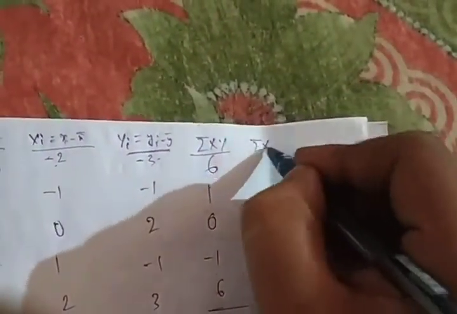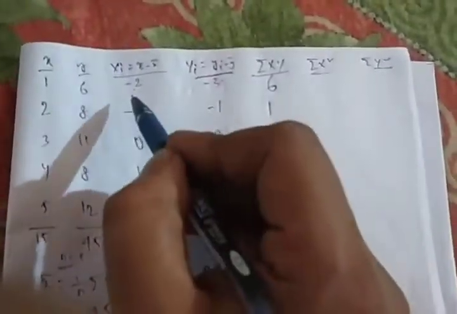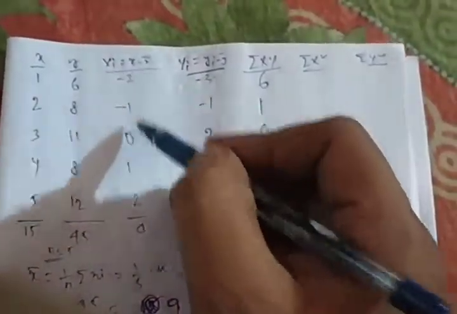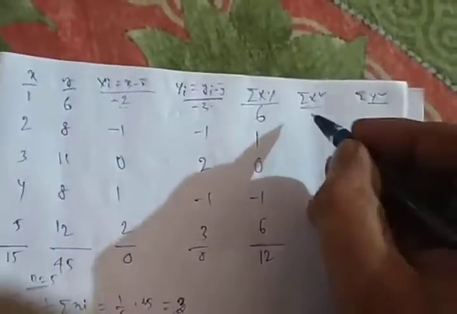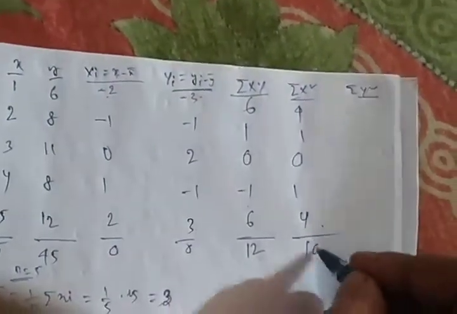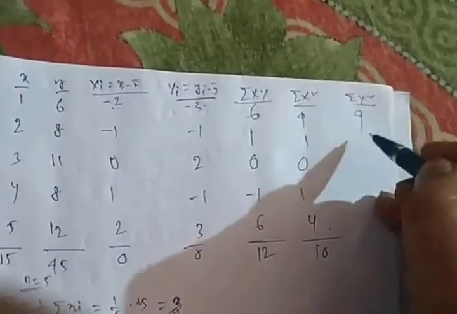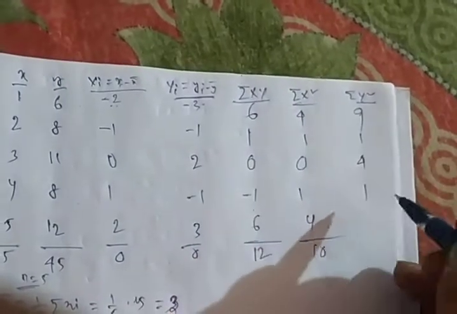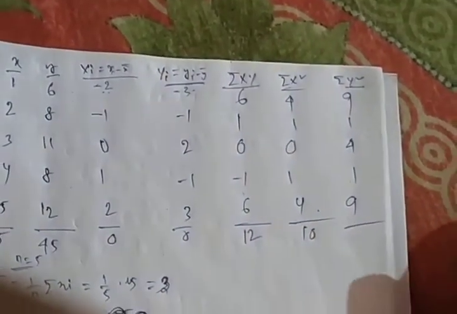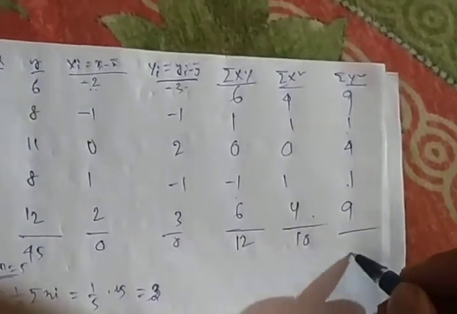Also we have to find summation X square and summation Y square. Summation X square means the square of these terms: minus 2 square is 4, 1, 0, 1, 4, which gives 10. And Y square: 9, 1, 4, 1, 9, which gives 24.